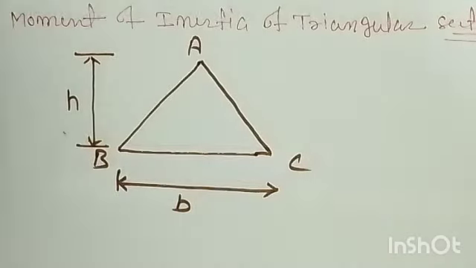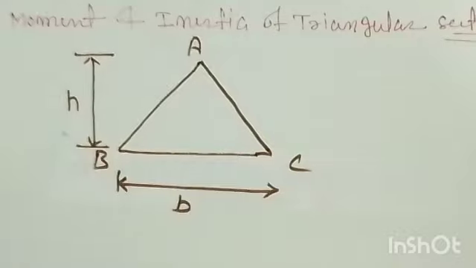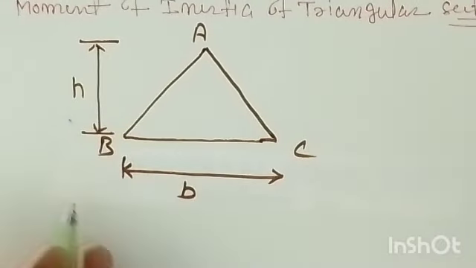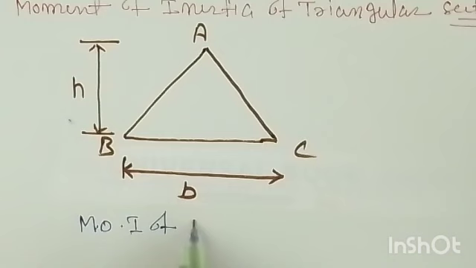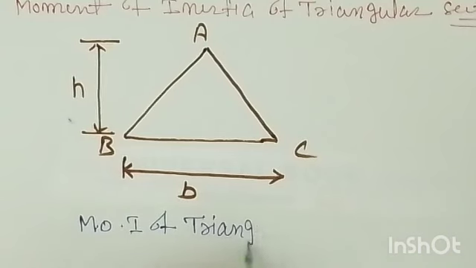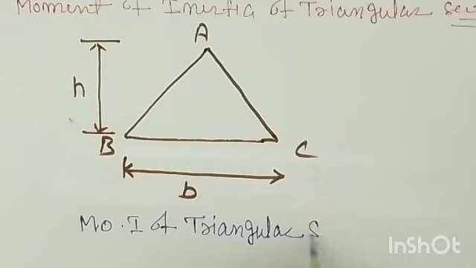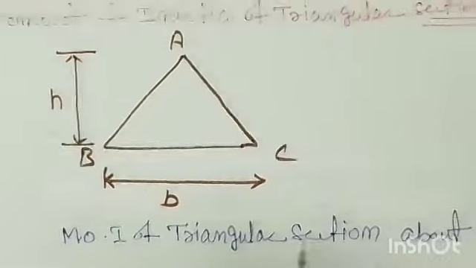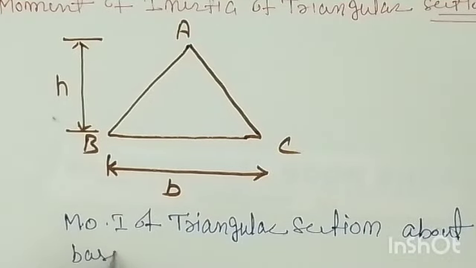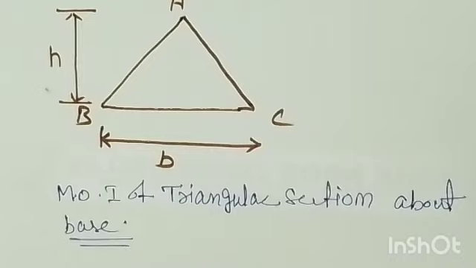So first you can make a subheading: MOI, the moment of inertia, of triangular section about base. So first we are finding the moment of inertia of a triangular section about the base.